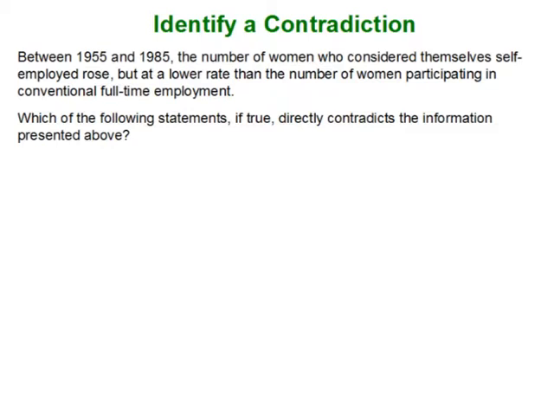So from this, we might take that, oh, the number went up for both categories, both women who consider themselves self-employed and women in conventional full-time employment. However, there was a larger rate of increase in the women with full-time employment than there was in women who considered themselves self-employed.